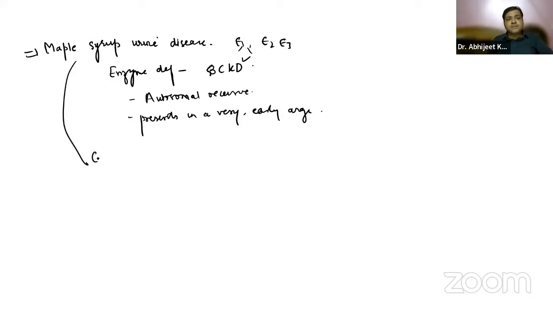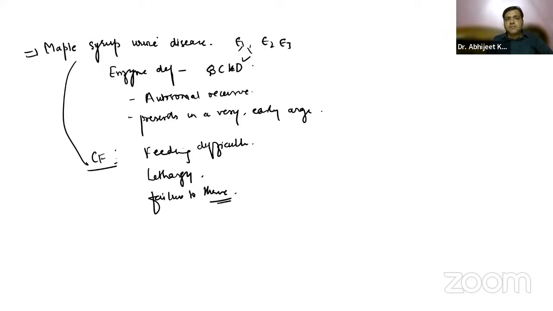Now, the clinical features here will be feeding difficulties. Feeding is slow, then there will be lethargy and failure to thrive. And obviously, with the enzyme deficiency, there will be increased branched chain keto acids, and if acid is increased, it will lead to metabolic acidosis.